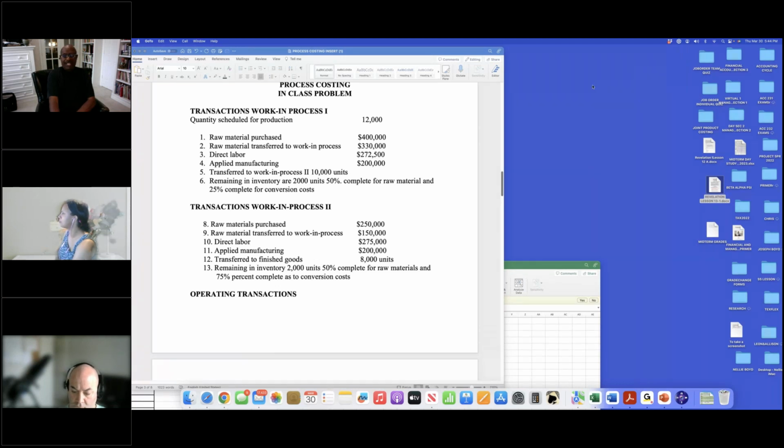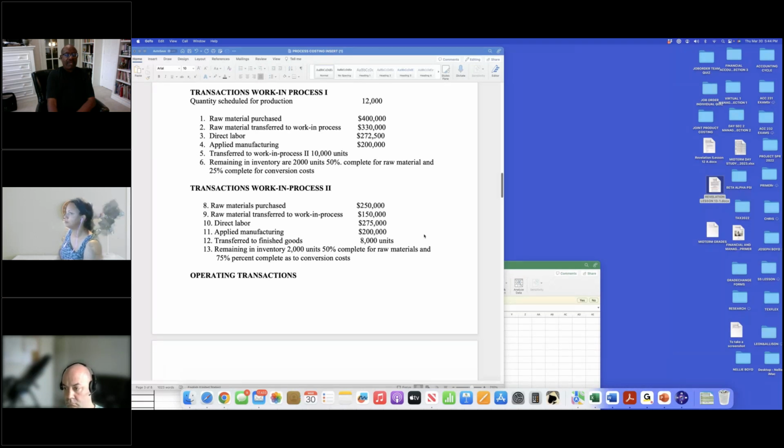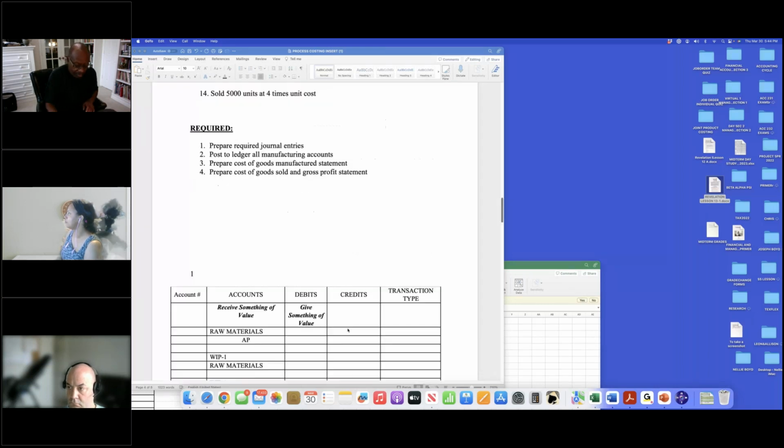So our first journal entry is going to be raw materials, 400,000 debit, and then accounts payable for 400,000 credit. The second journal entry is going to be work in process one, 330,000 debit, and raw materials 330,000 credit.